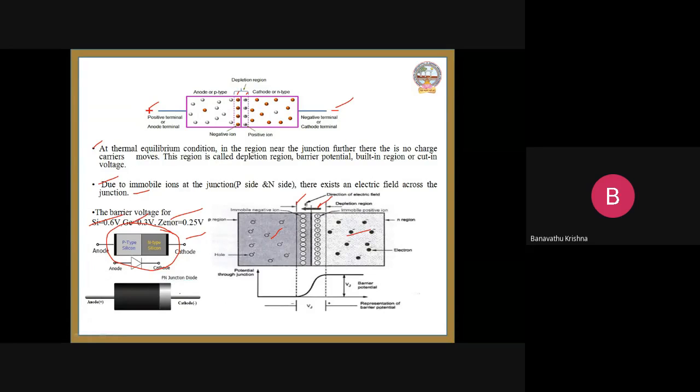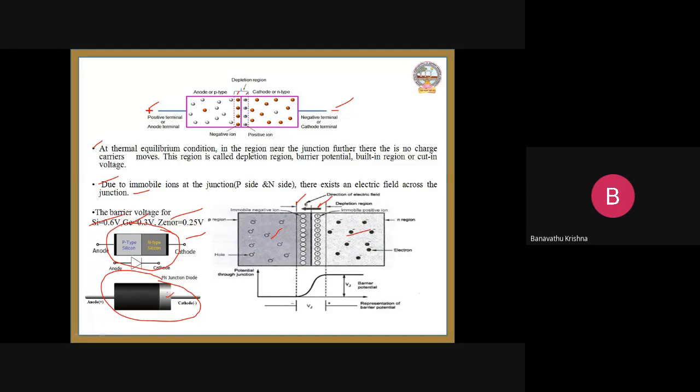From a consumer point of view, it is available in the market like this. Here one more thing you can observe: which one is the cathode and which one is the anode? There is some confusion among students. So let's observe here. This is the mark here, an aluminum mark.